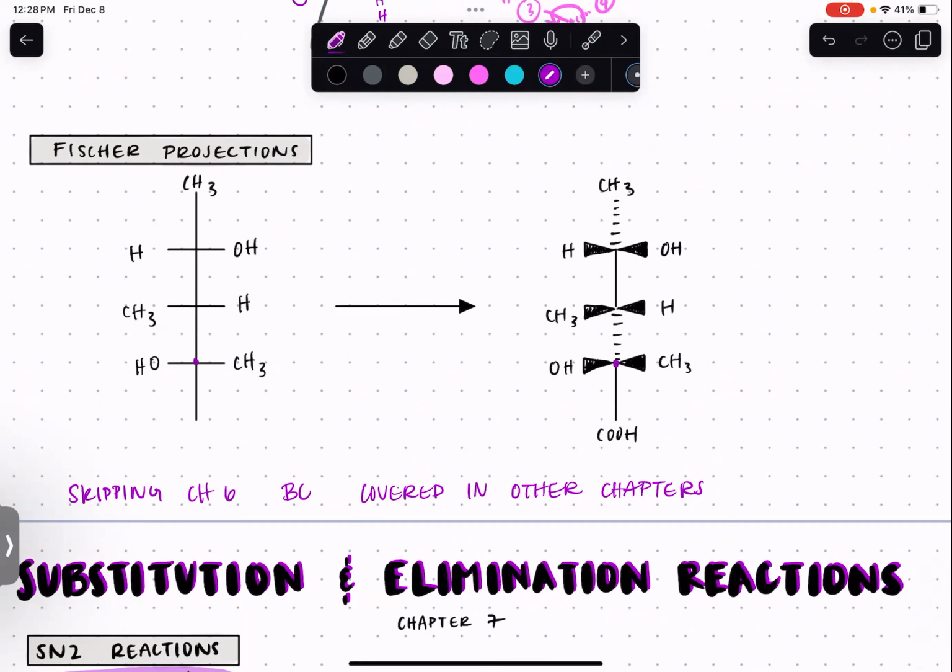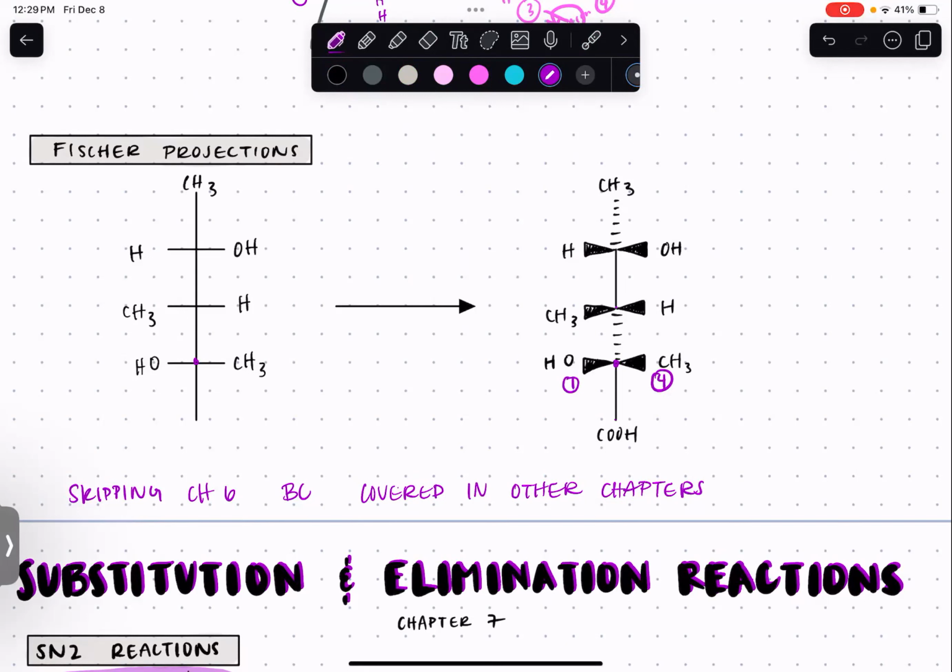So what you're going to want to do is assign your carbons just how you normally would. This is going to be my number 4 group over here. Then this is my number 1 group because it's directly bonded to an oxygen. So a better way to have that would be OH like that. And then we're comparing this carbon to this carbon here on the bottom.